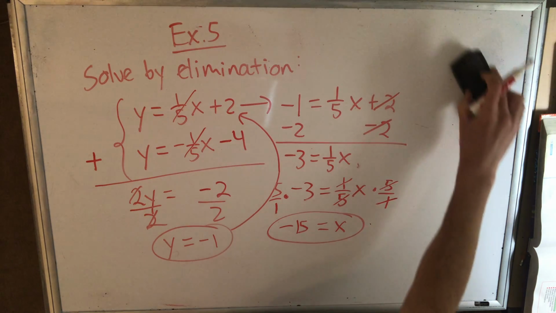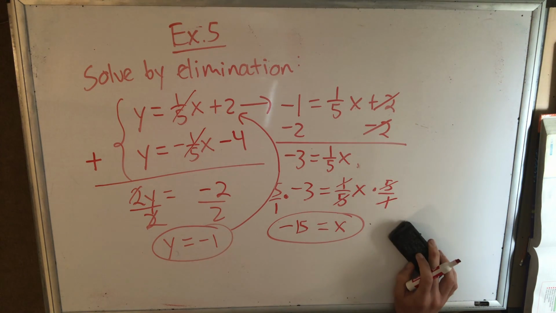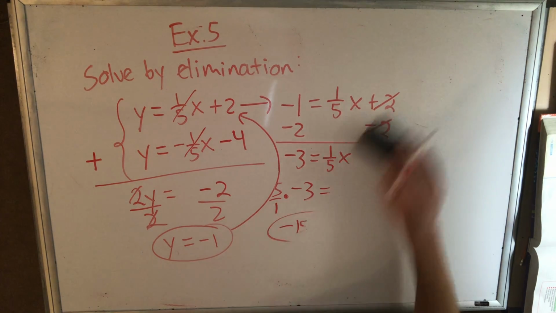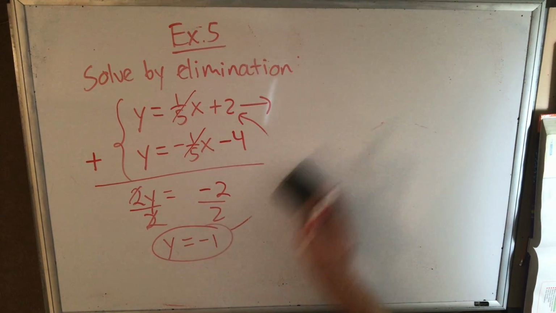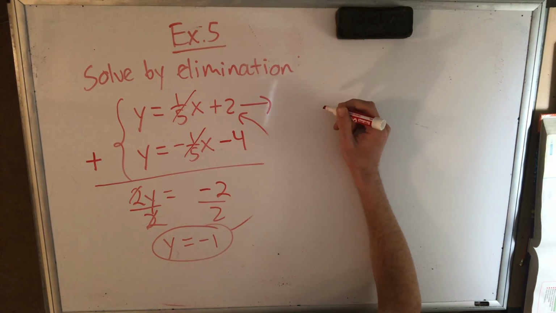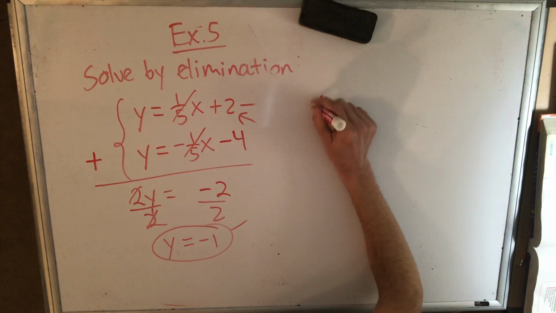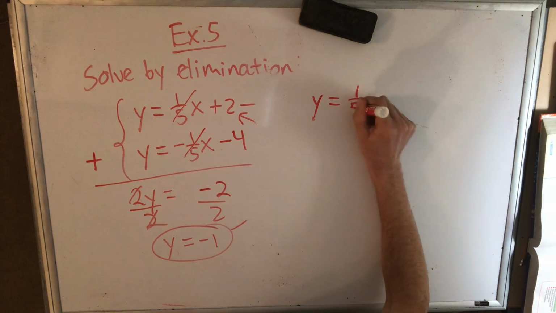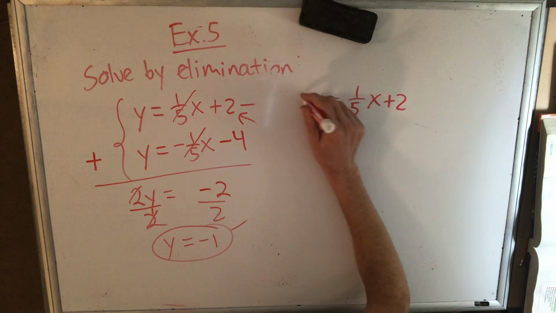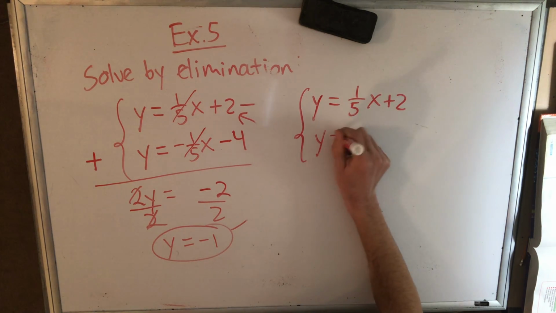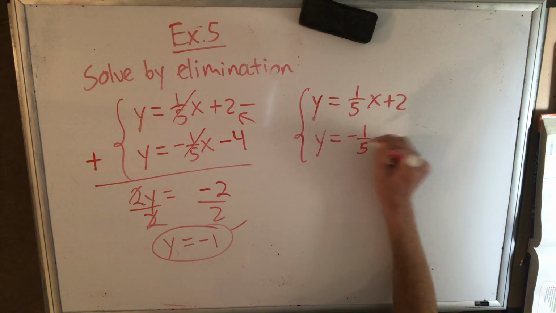Now I'm going to show you how we can solve by subtracting the equations and eliminating y. So that's going to be y equals 1/5 x plus 2, and y equals negative 1/5 x minus 4.